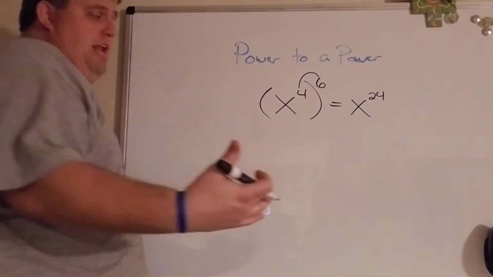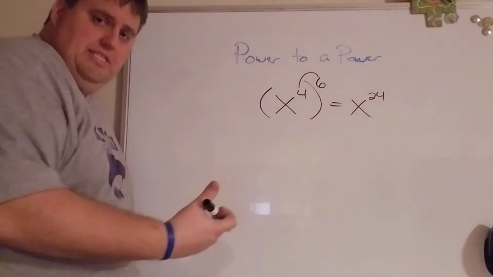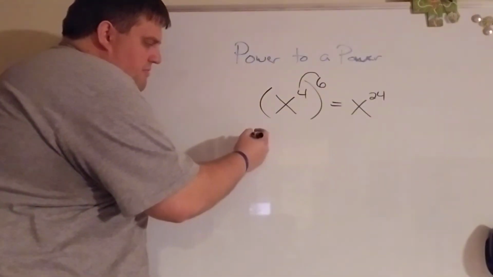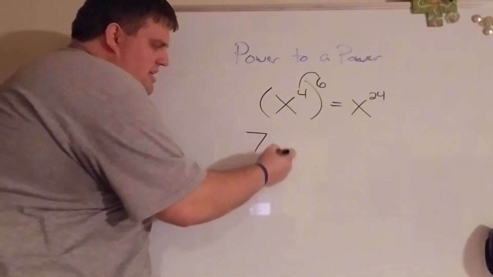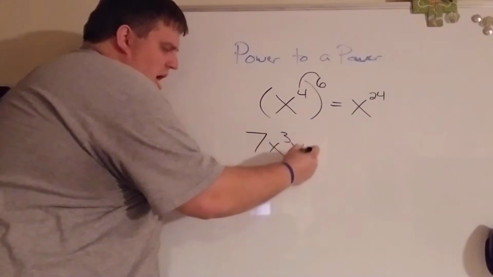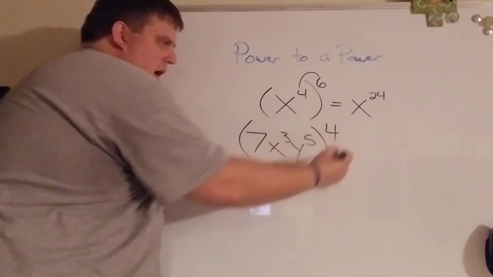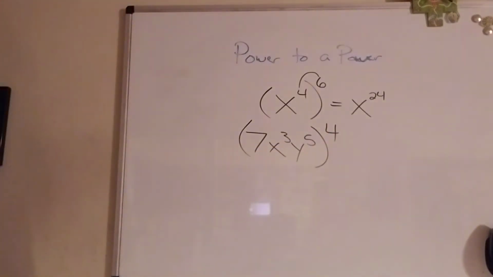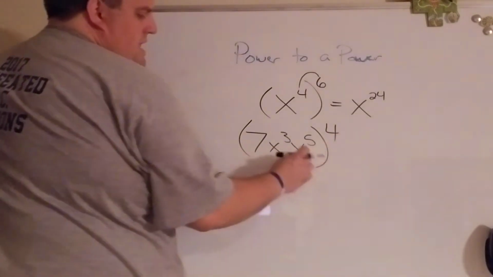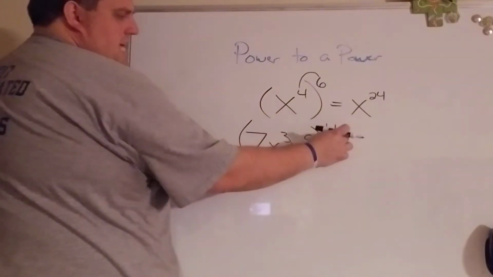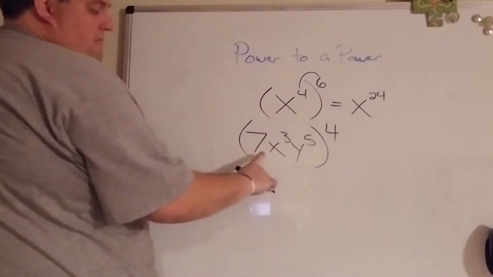All right, now we could have multiple things with bases inside of here. So for example, if we had 7 x cubed y to the 5th, and that was all to the 4th power, then each of these bases in here is going to get this exponent. Be careful with this 7.